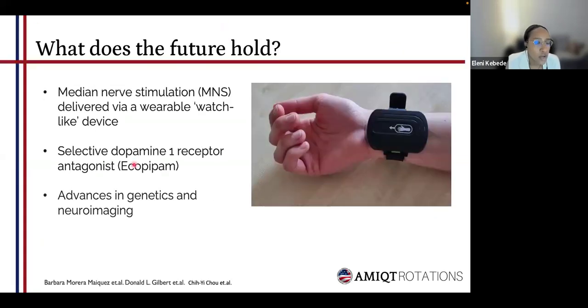What does the future hold? So there are some exciting studies like the median nerve stimulation study that's delivered with a watch-like device here. This idea was proposed in University of Nottingham, that's in UK. And the idea is indirect rhythmic electric stimulation of the peripheral nerve, that's the median nerve.